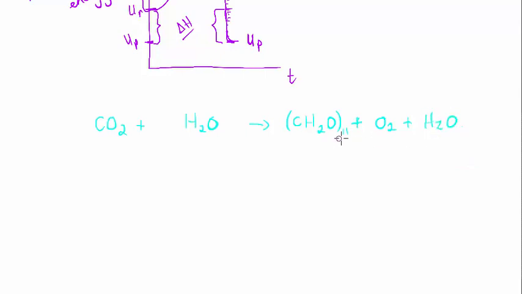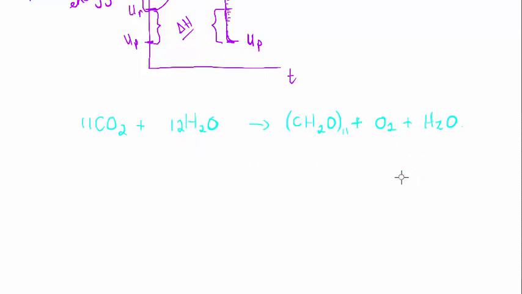Okay, so you see we'll need 11 of these because we've got 11 carbons. We need 11 carbons on this side. On the water side, notice that we have water here and we have water there. There's an H2O here. So there's 11 waters being used here and one water there. So in total there's 12 waters. So we'll need 12 waters.